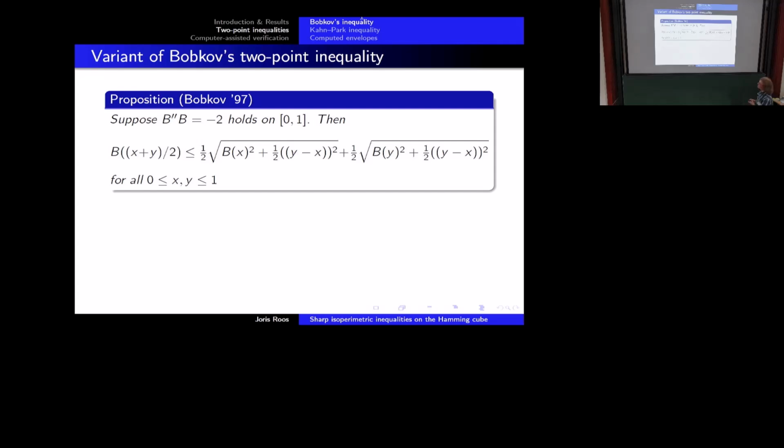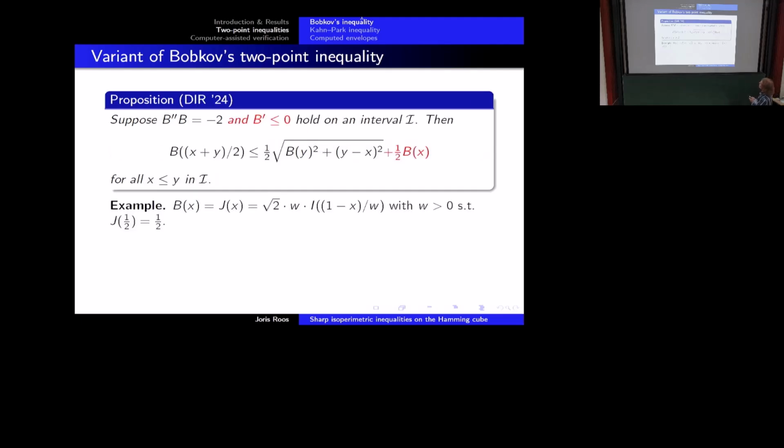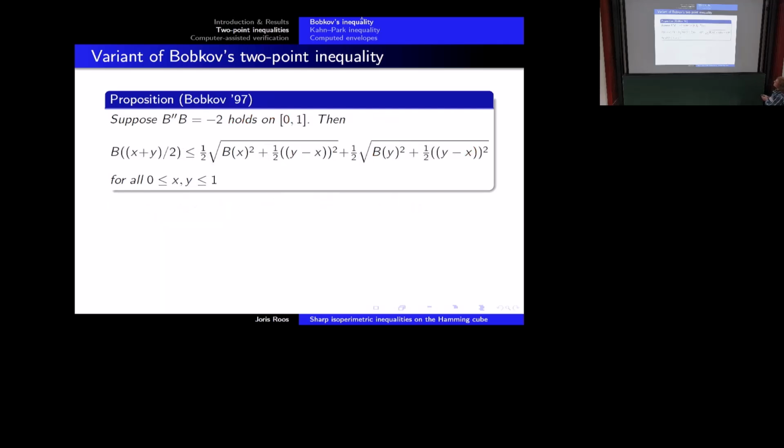This is a remarkable statement because somehow it goes from a local statement, this differential equation, to a global inequality. It's not at all obvious how to do that. And this inequality is just not the kind of inequality we need.